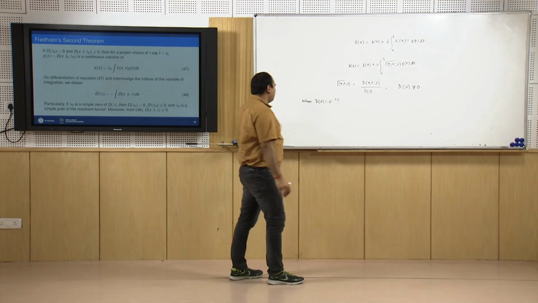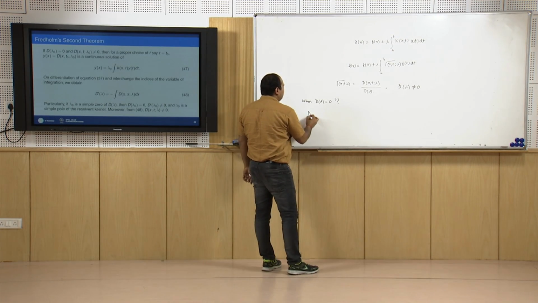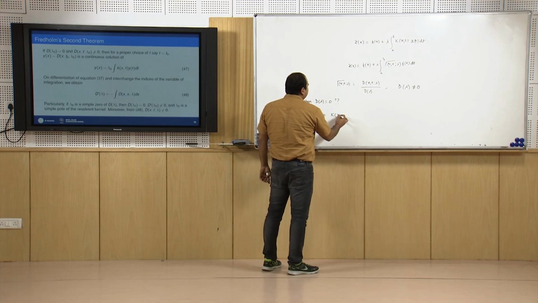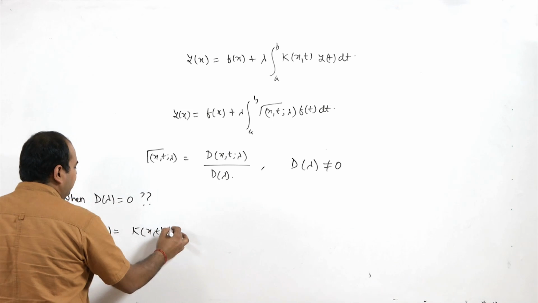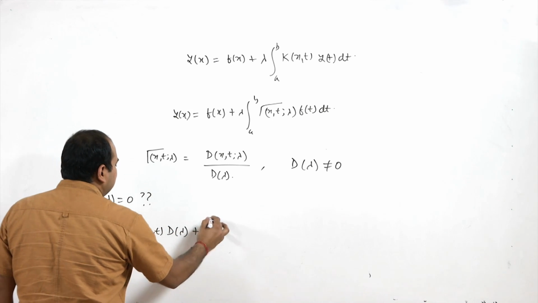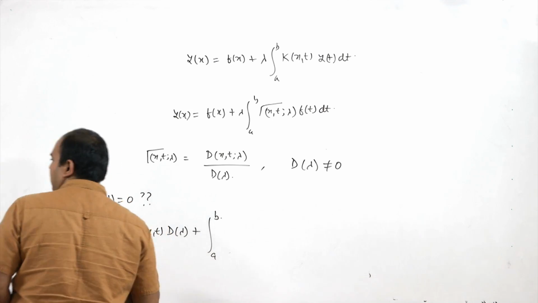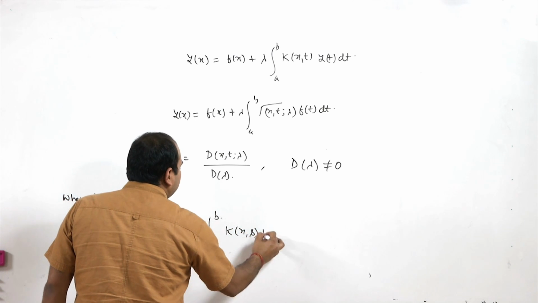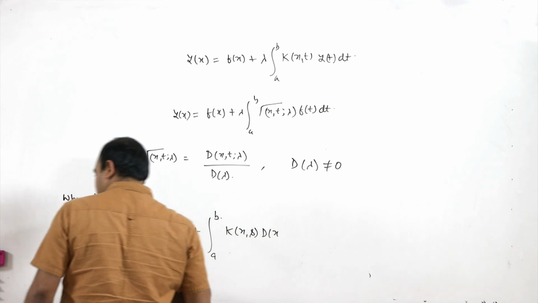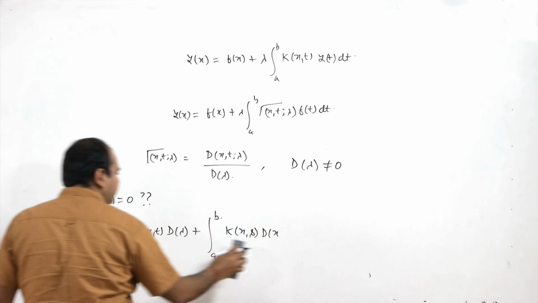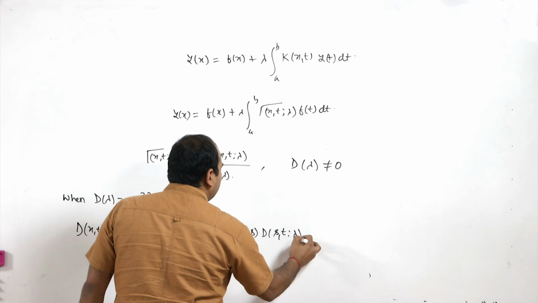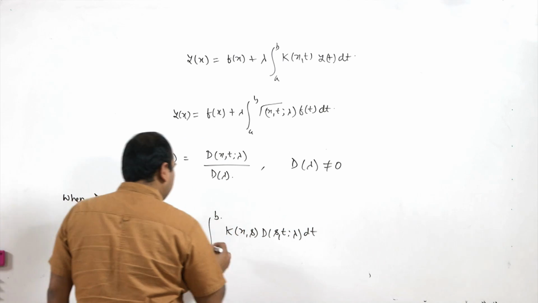Please recall that once we know D of lambda, then D of x, t, lambda is defined by the following relation: k of x, t times D of lambda plus integral from a to b of k of x, s, D of s, t, lambda ds.